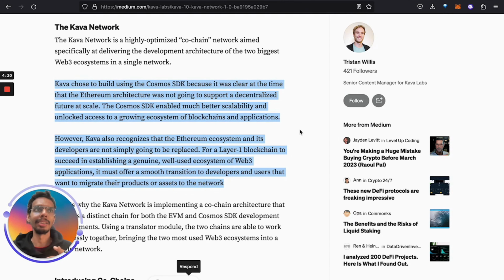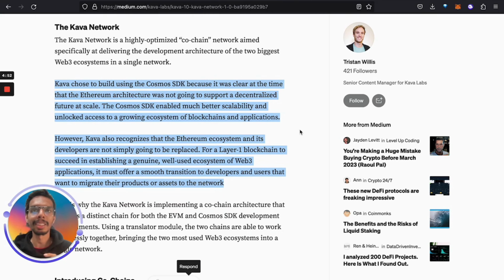Now you may ask, then why did they choose to have Ethereum in their architecture as well? Because Ethereum is not scalable, right? According to what's mentioned, the main reason, and this is very smart to be honest, the Kava team figured out that the developer ecosystem of Ethereum is the most vibrant developer ecosystem in the whole Web3 space right now.